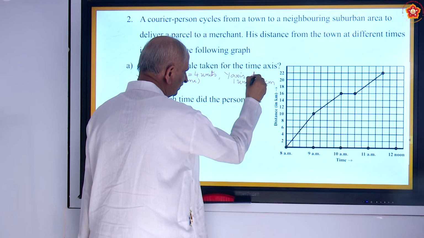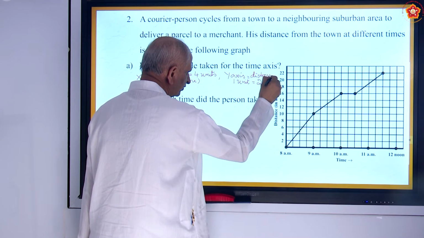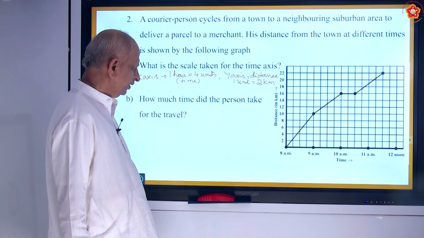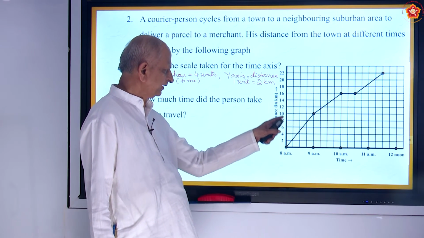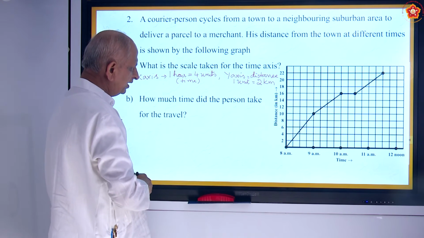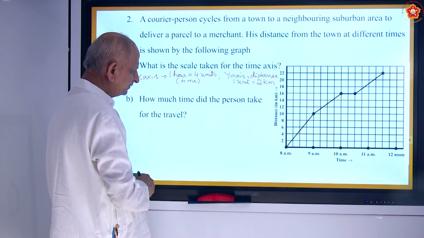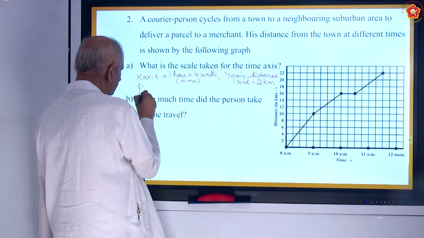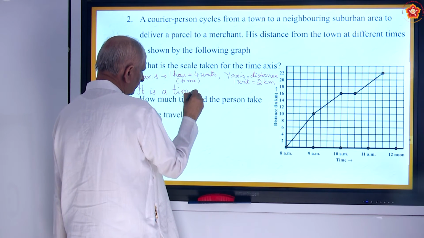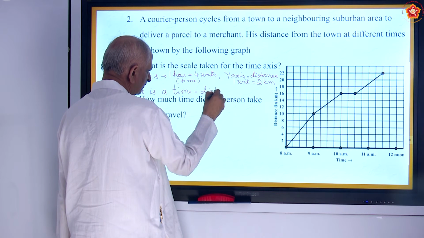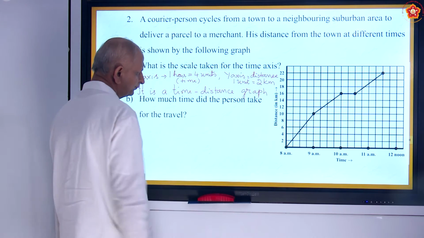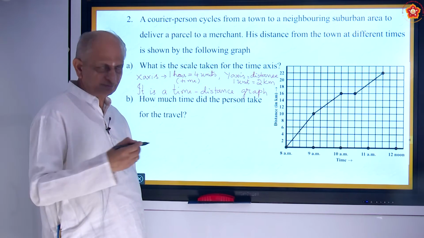That tells about distance. Here 1 division means 2 kilometers. So, up to 22 kilometers it is marked. And also what does the graph represent? So it is a time distance graph. Time distance graph. You can note down.